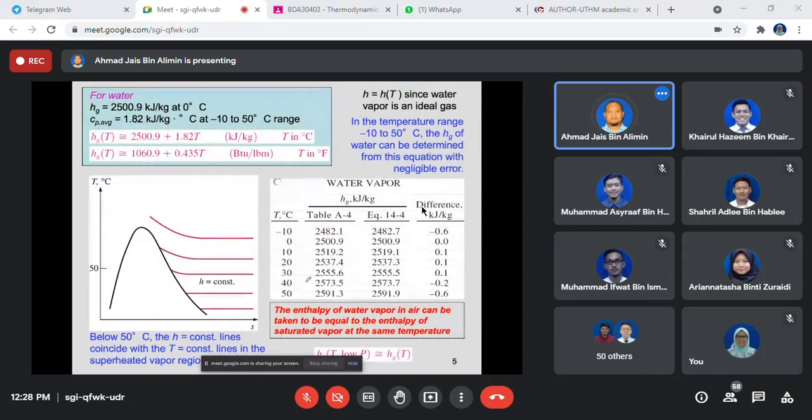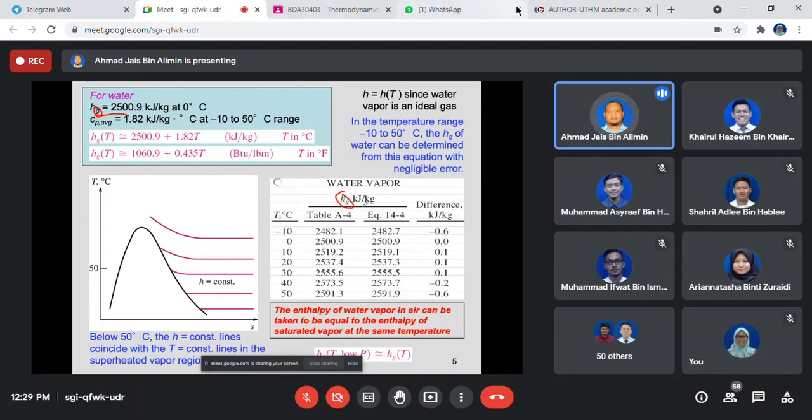So just now is the enthalpy for air, and for the water vapor, you can take the enthalpy reading, which is on the table at that particular temperature. The enthalpy at the vapor condition is the enthalpy for the water vapor. If you refer to the table, there is a column called Hg and also the Hf.